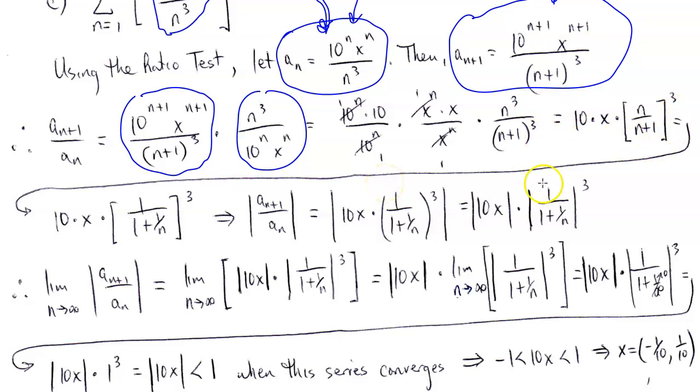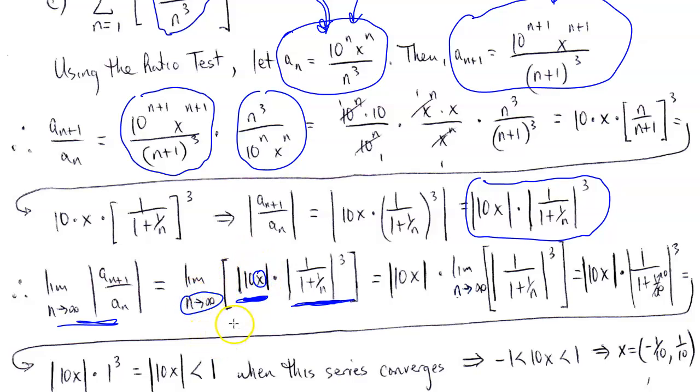And eventually, after all the simplification is done, we get to the point where we have absolute value of 10x times absolute value of 1 over 1 plus 1 over n. Okay. And so when we take the limit of that, we're going to take the limit of this function and this function separately. Again, since we have an x here and the limit operator's variable is n, this looks like a constant, so this gets factored out.